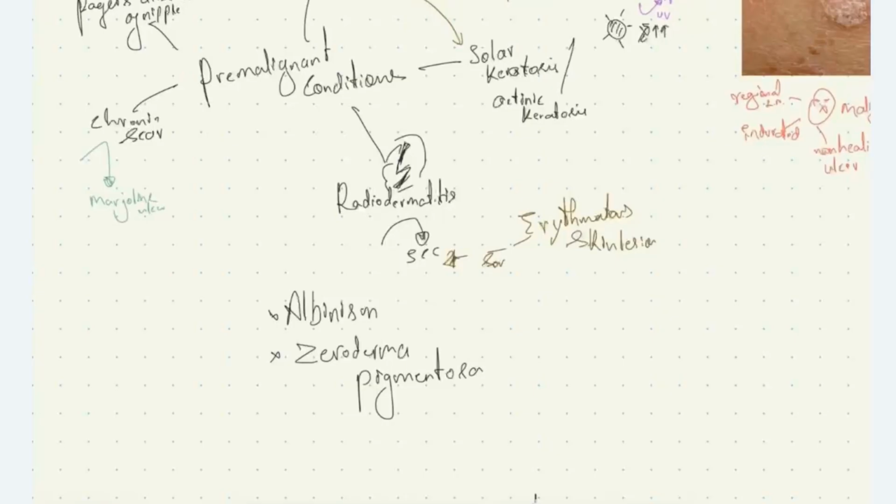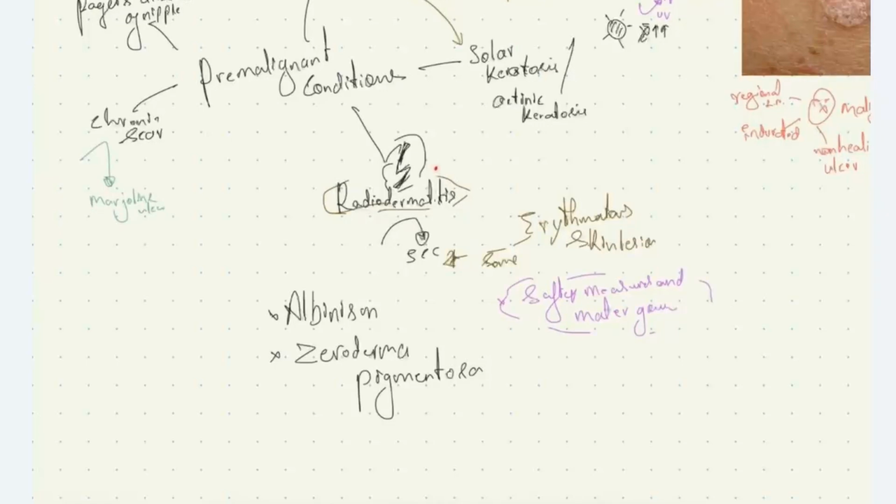This is radiodermatitis. Nowadays it is not common because of the use of safety measures and materials to protect themselves, gowns and all. Due to this reason, nowadays this is rare.